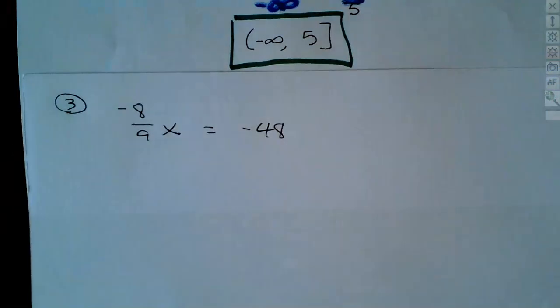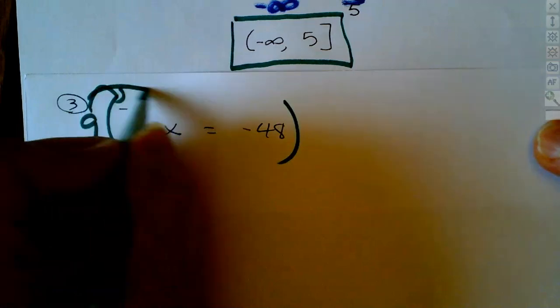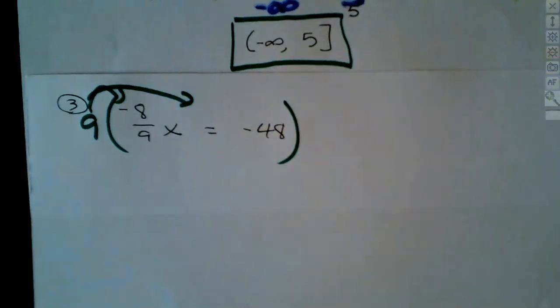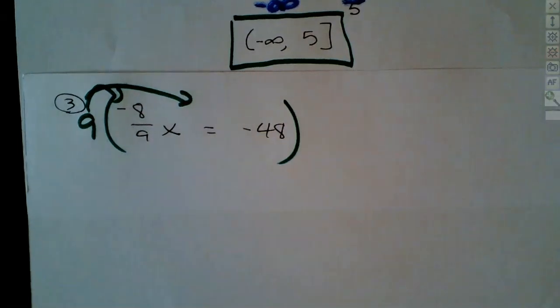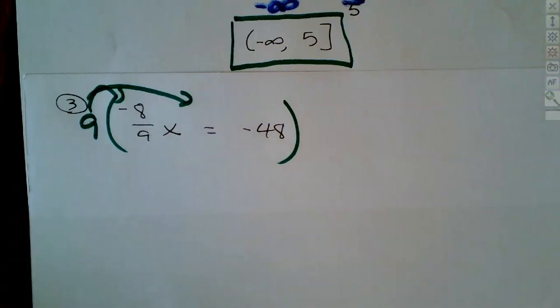So I'm going to clear out my fractions by multiplying everything by a 9. You could use the reciprocal as well, but I'm just going to multiply it by that 9. That's going to remove our denominators here.